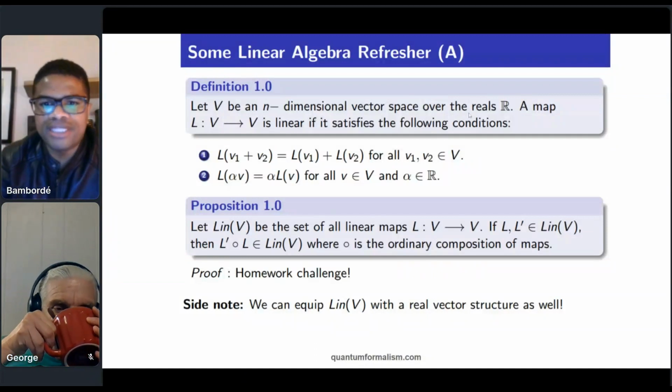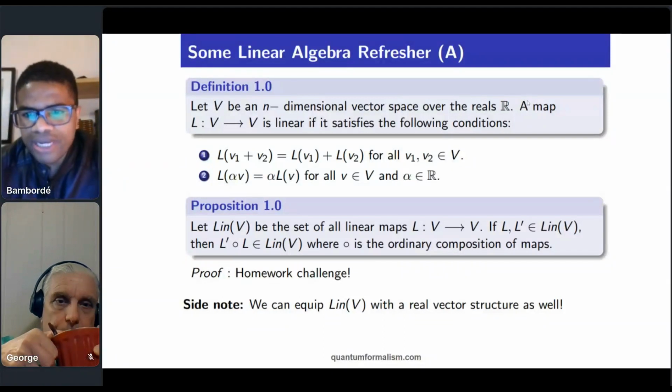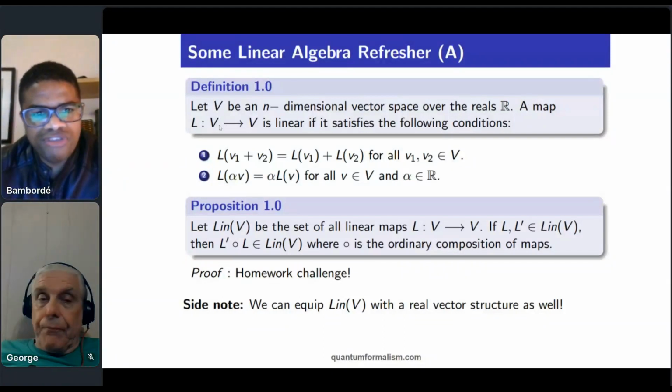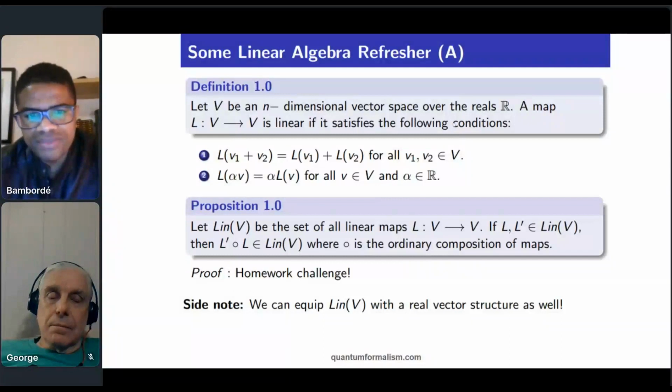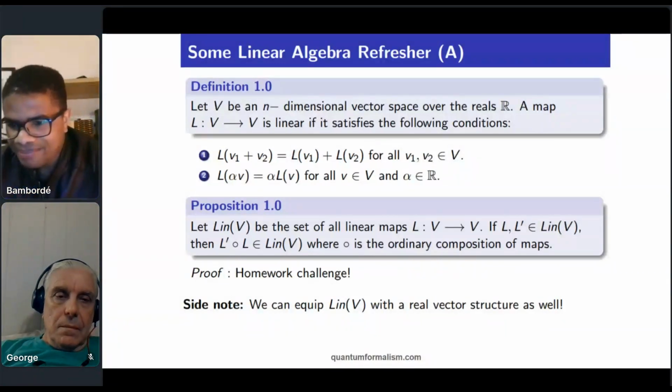But in our case, we are interested in the reals and just in the finite dimensional case. So a map L from V to itself is linear if it satisfies these conditions. I'm pretty sure most of you have seen this.